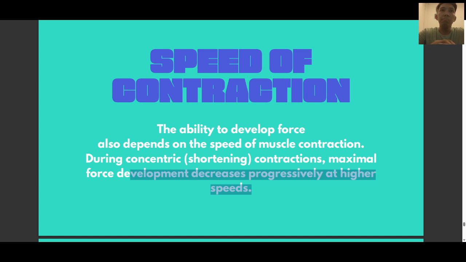Just like the example I gave earlier, when you try to lift a heavy object, of course you tend to do it slowly. Okay? So we need to lift slowly when we want to lift a heavy object. That's how we maximize the force we need to apply in our lifting.